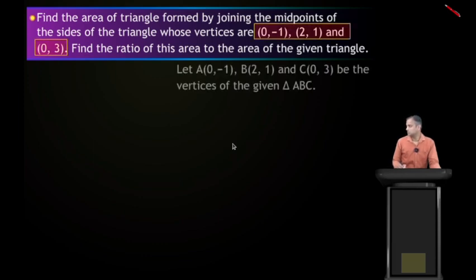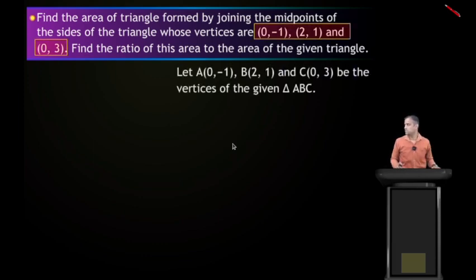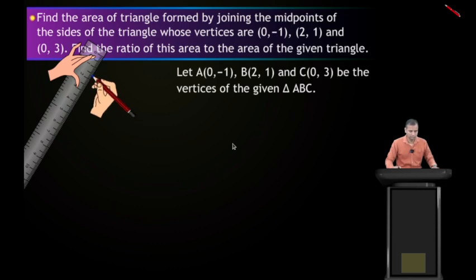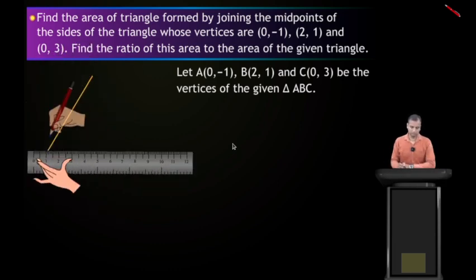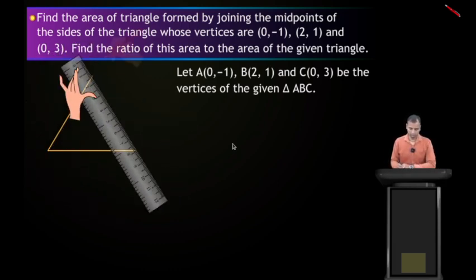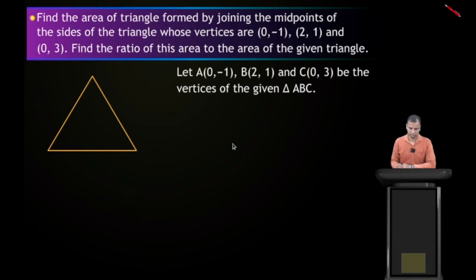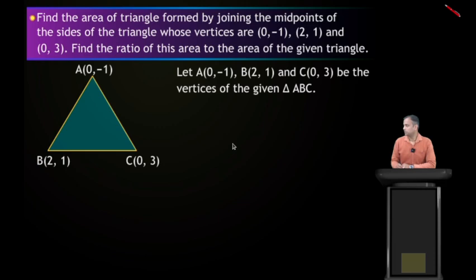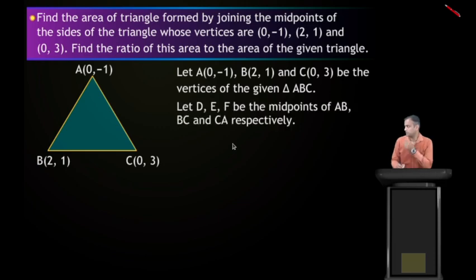Let A, B and C be the vertices of the given triangle ABC. So A is (0, -1), B is (2, 1) and C is (0, 3). Let D, E, F be the midpoints of AB, BC and CA.